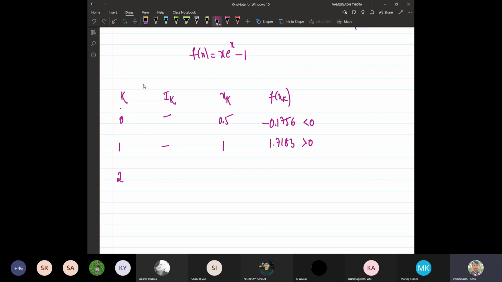So x2 is evaluated on this condition, and here the interval is 0.5 to 1. Now, what about x2? In this iteration, what is x2? x2 is 0.5464.